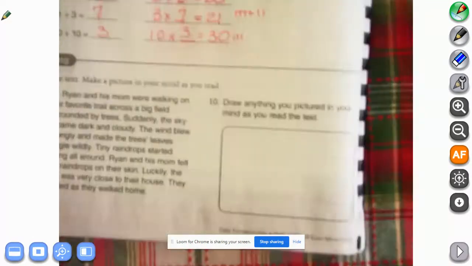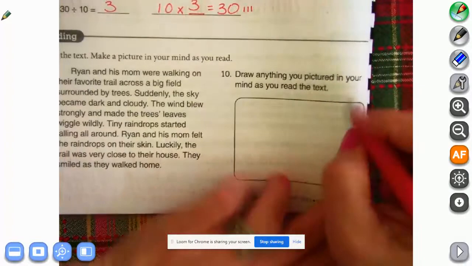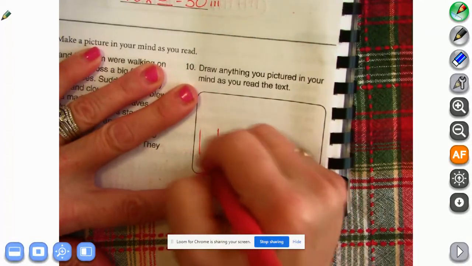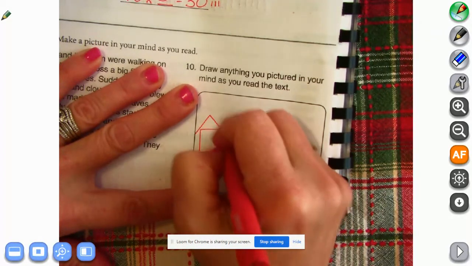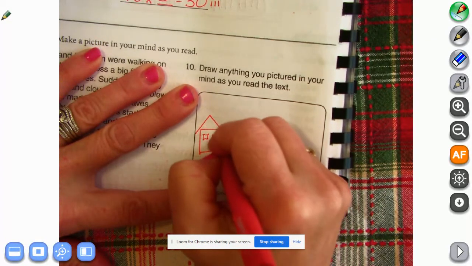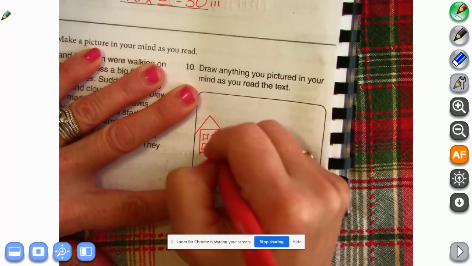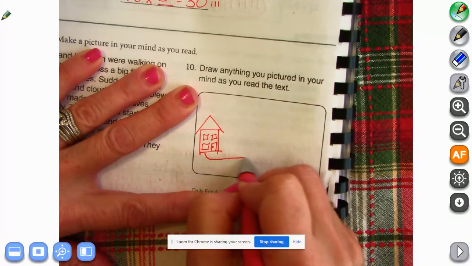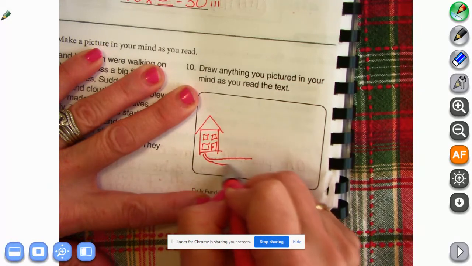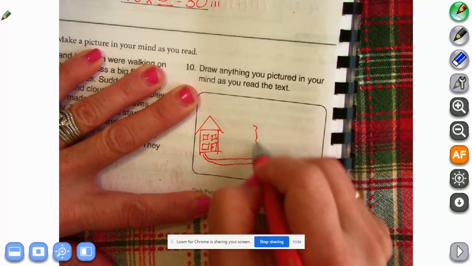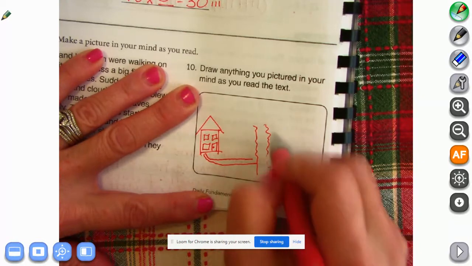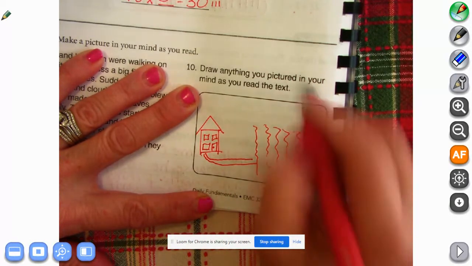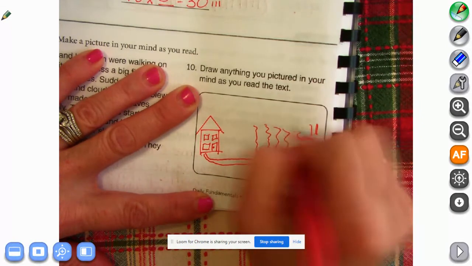All right, so what I pictured was his house. Right there. And then like a trail walking out into this field. Maybe that's corn or something. And there's trees.